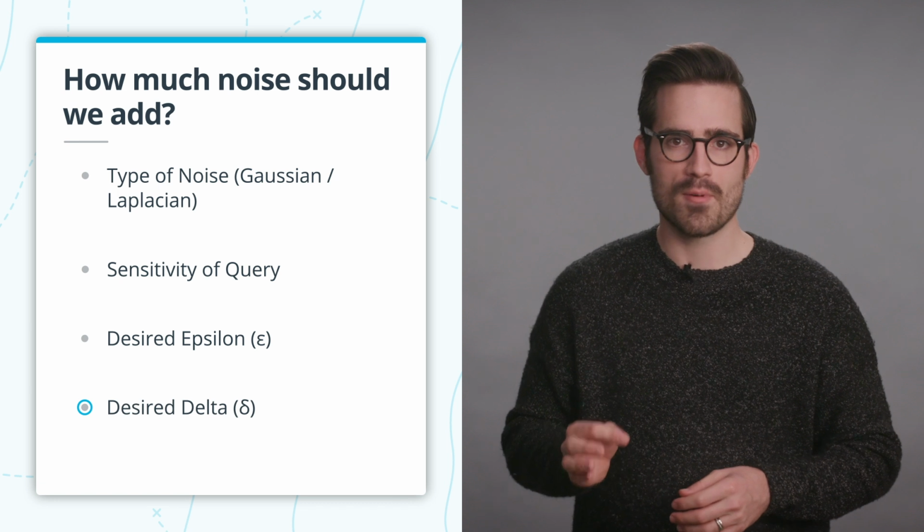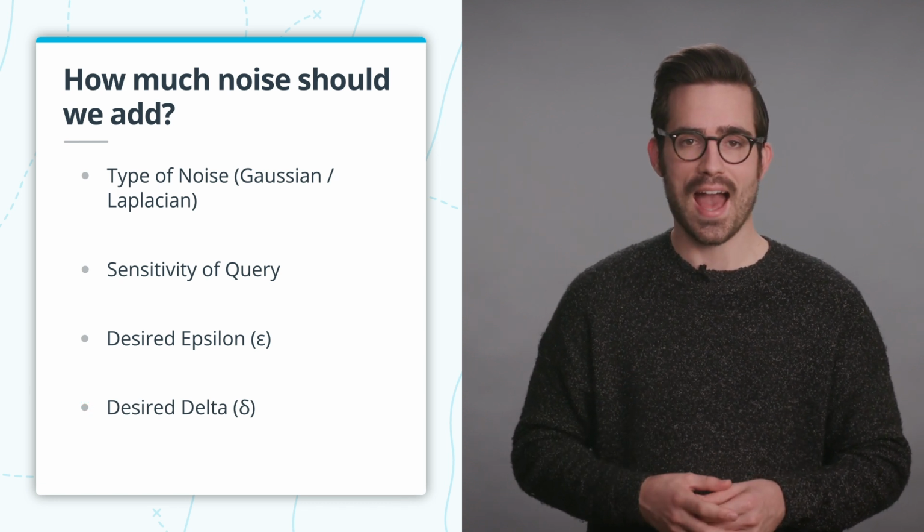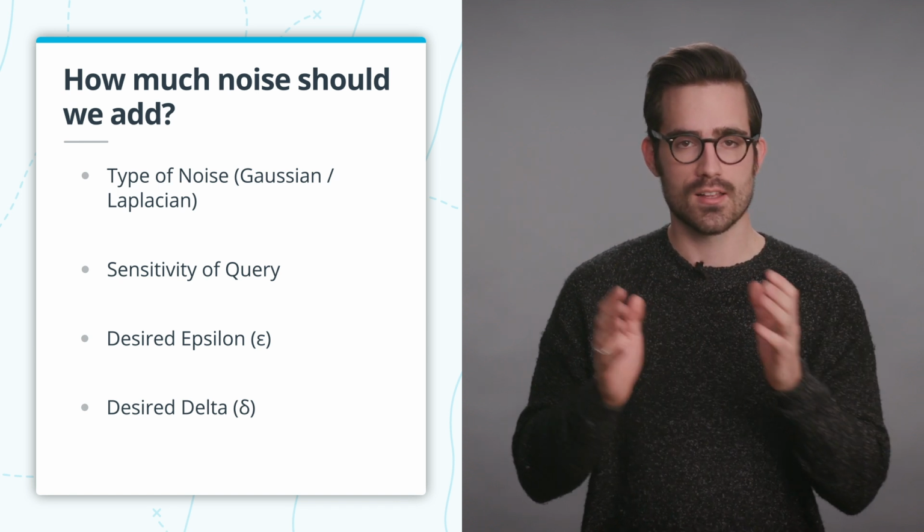Thus, for each type of noise that we're adding, we have a different way of calculating how much noise to add as a function of the sensitivity of the query to meet a certain epsilon delta constraint. So to restate this, each noise type has a specific function which tells us how much noise to add given a certain sensitivity, epsilon, and delta.